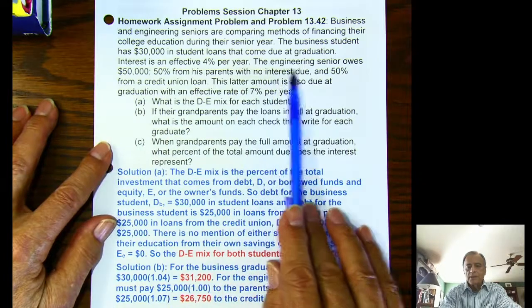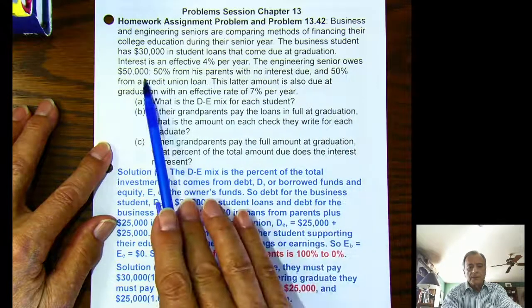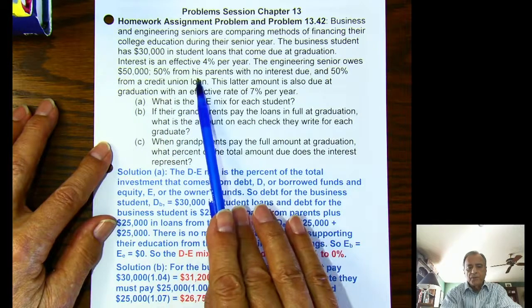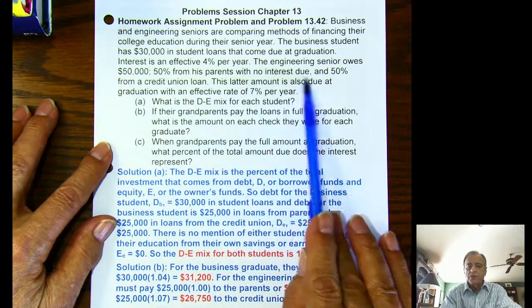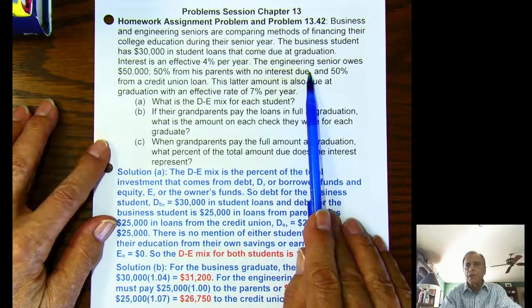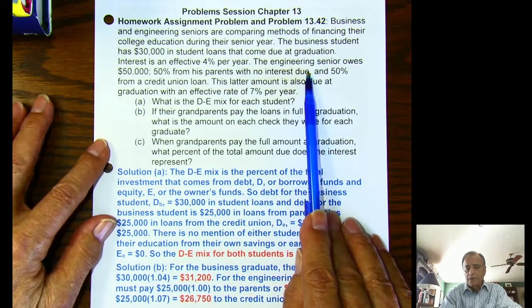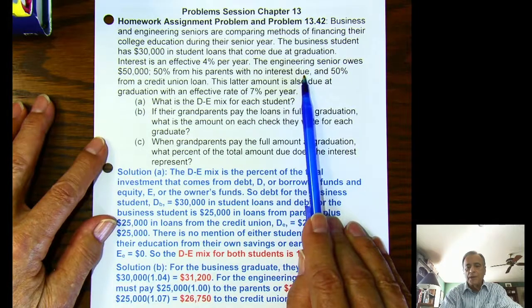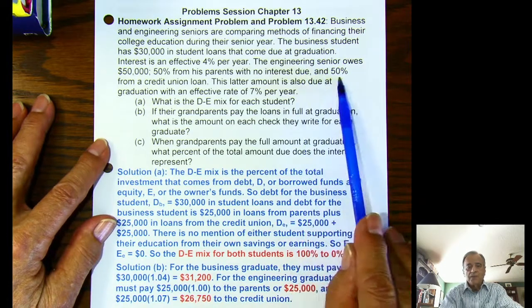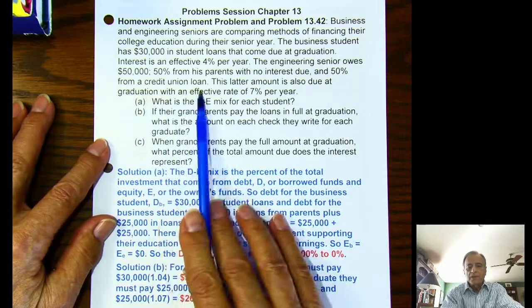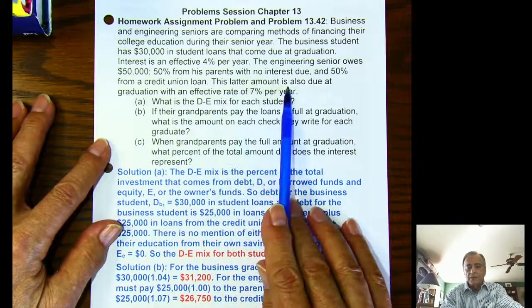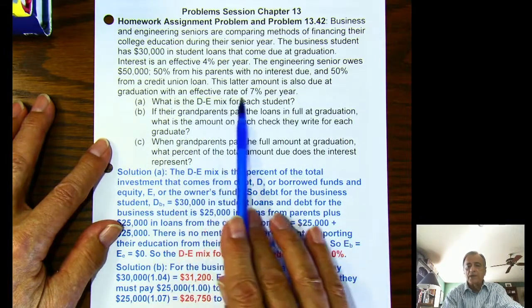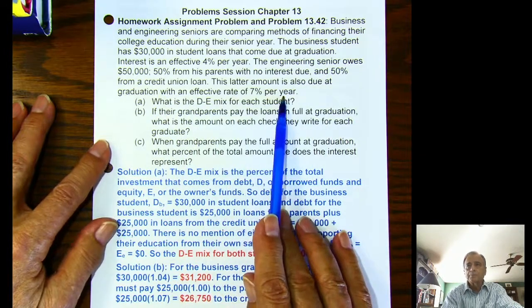The engineering senior owes $50,000, 50% from his parents with no interest due. So 50% of 50,000 is 25,000 of his loan has no interest due, and 50% from the credit union. This other 25,000 is due at graduation with an effective rate of 7% per year.